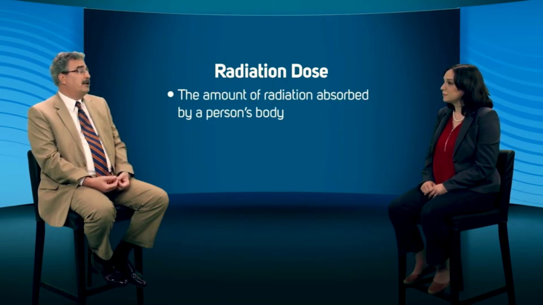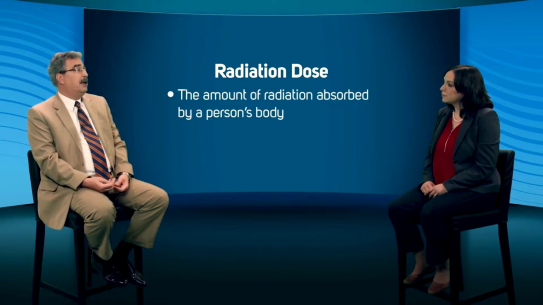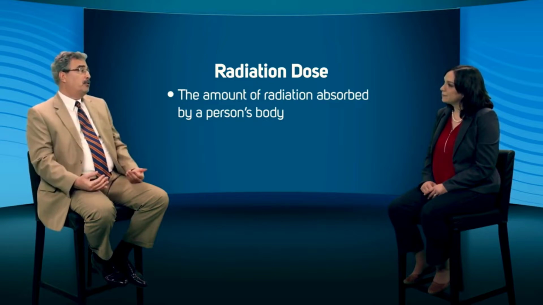If radiation hits the cells in the body, it can damage or even kill the cells. The amount of energy that the body absorbs from this radiation is called the radiation dose. At high doses, and when most of the body is exposed, enough cells die to impair the function of various organs in the body, and that can lead to really serious health effects, including death.